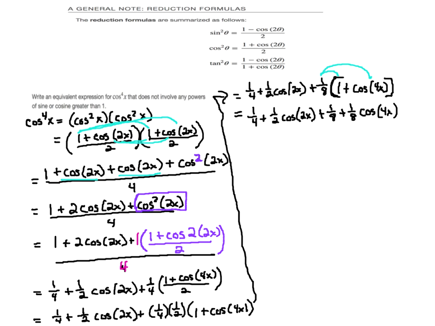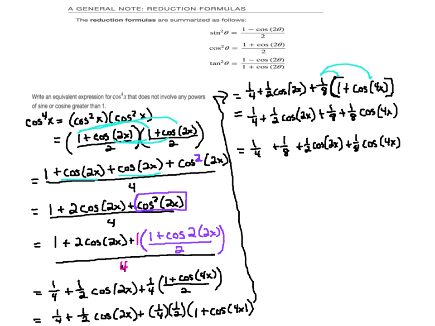So now I just need to add my fractions together. So I've got a 1/4 that's going to be added to the 1/8. And then I have plus 1/2 cosine 2x plus 1/8 cosine 4x.